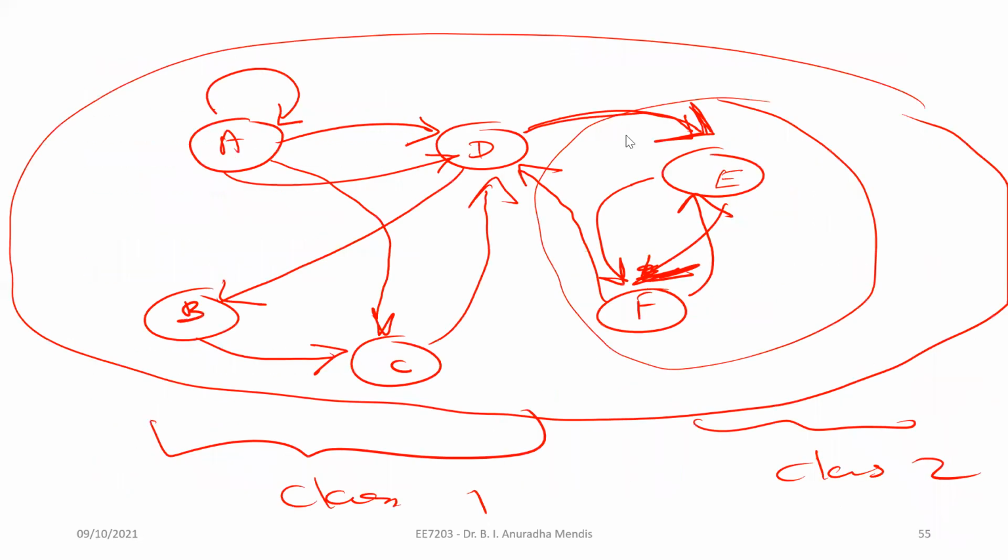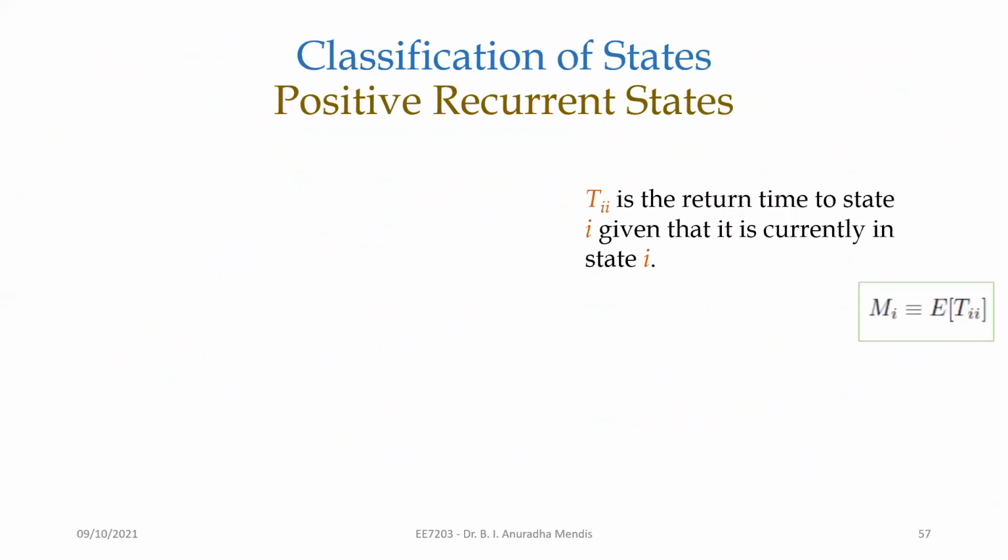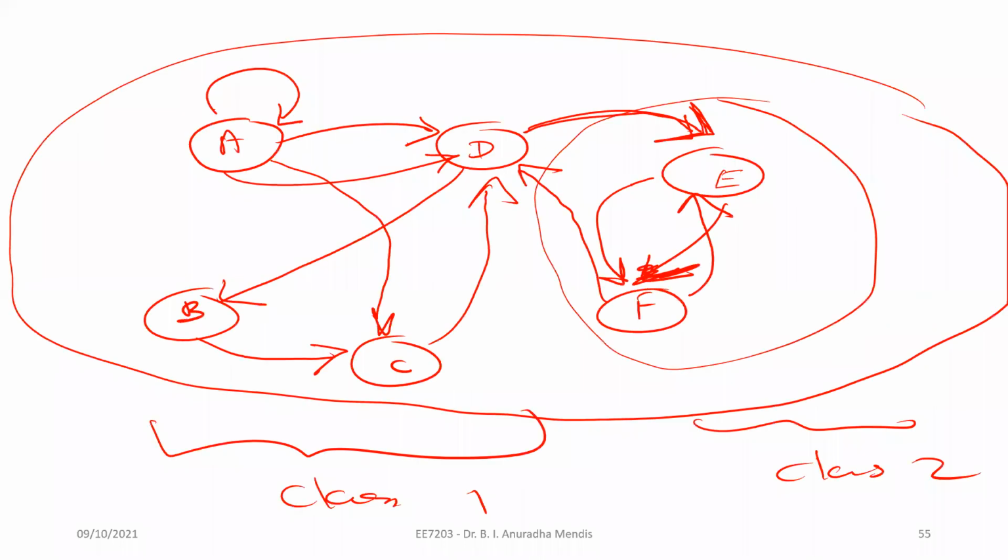Now, shall we go to another classification? Let's say you are in some state, state C, and initially you are at state C. From there you can go to D and then E, whatever the state.